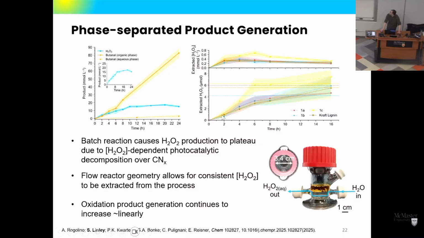And so you can see here, this is the concentration of our extracted hydrogen peroxide. It eventually plateaus at a certain point, but we're still able to extract those molecules. And so these dashed lines here represent the total amount of product that we'd be able to get out of a batch reaction, and we're able to exceed that theoretical maximum by moving over to this continuous production technique.